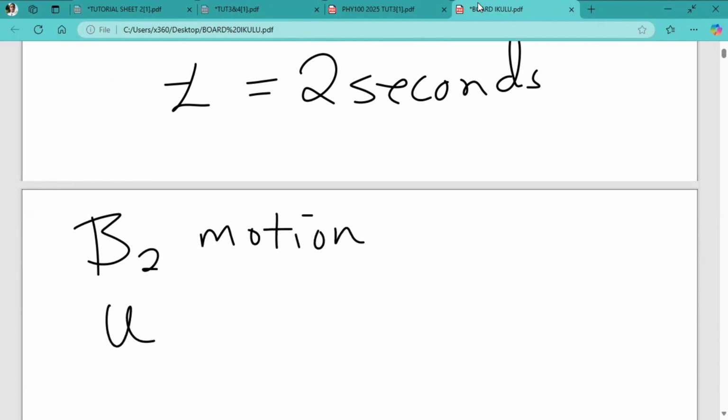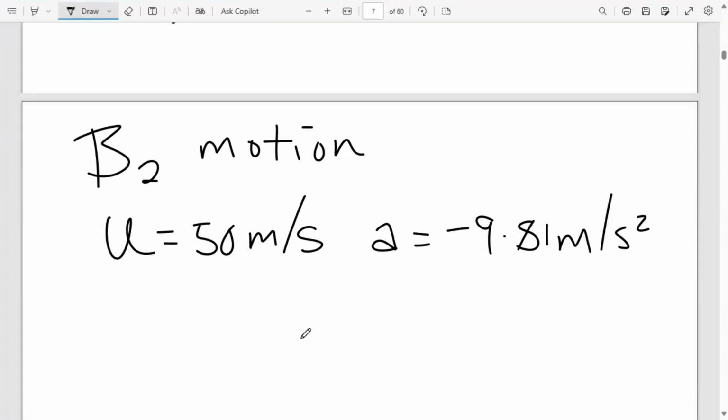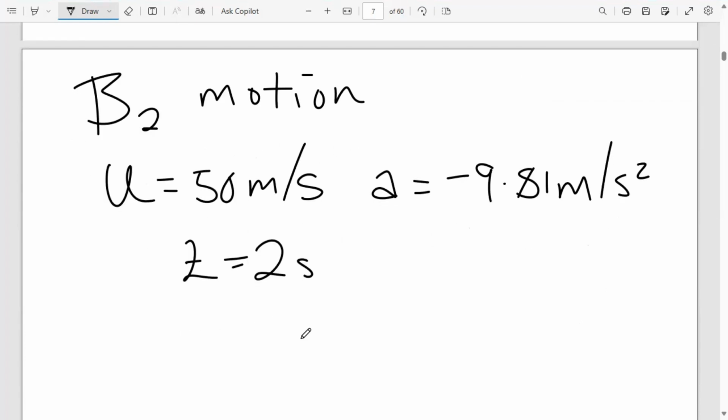We have initial velocity, which is equal to 50 meters per second. We have acceleration, which is equal to negative 9.81 meters per second squared. We have the time that they meet to be equal to 2 seconds. Okay, so which formula can we use in order for us to find the displacement above the ground?